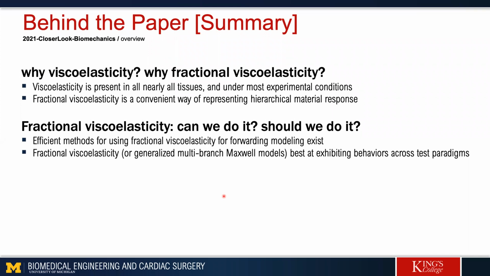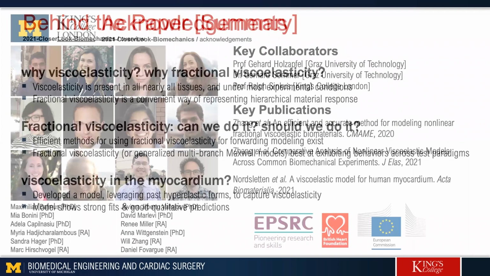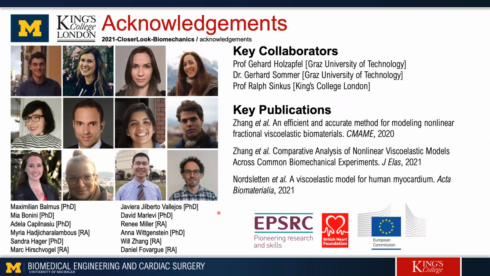So looking at creep versus relaxation versus stretch, shearing, etc. And then in this paper, we were able to develop a model that was leveraging the past hyperelastic forms to create this viscoelastic model that did a good job of fitting the data and showed some good qualitative predictions as well. So I'll stop there, and I'll thank everybody in my team.